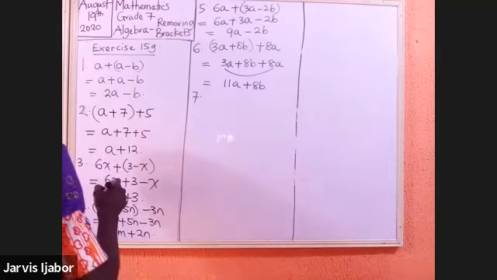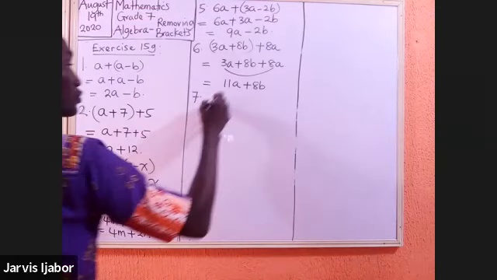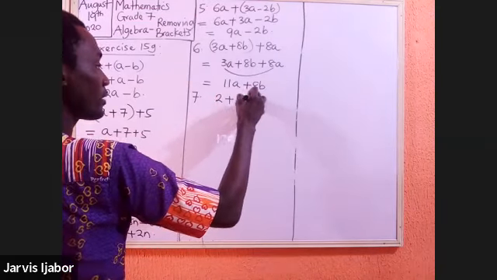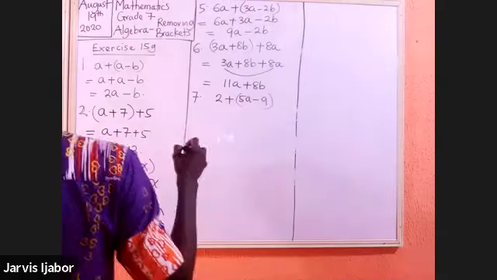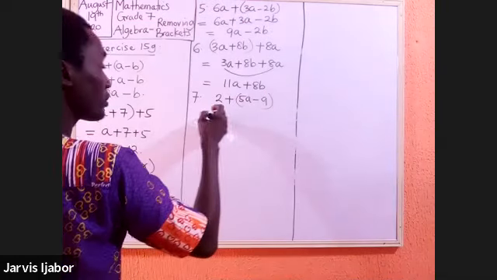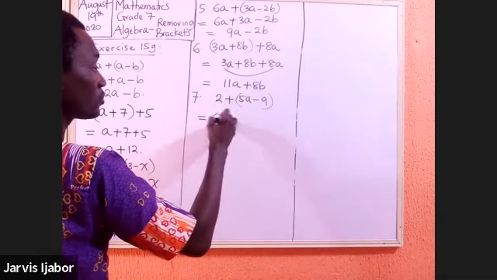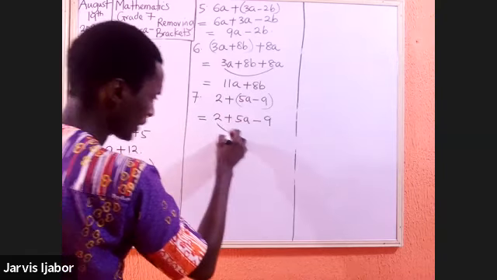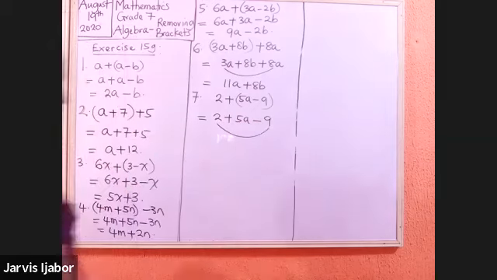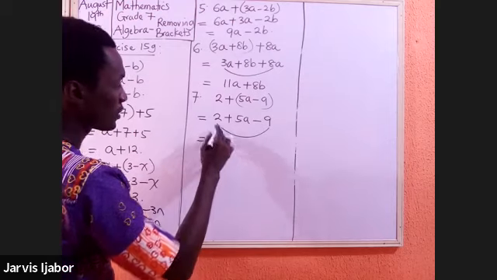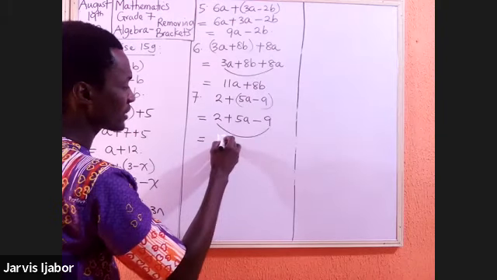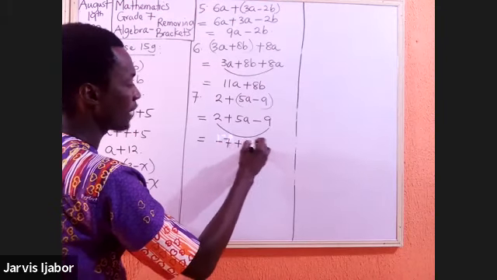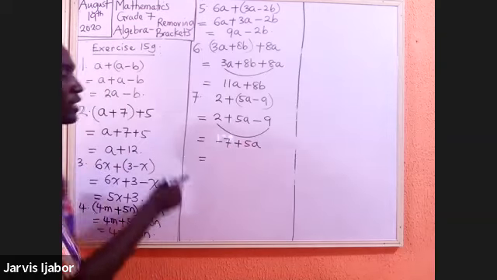Question 7. In question 7, we have 2 plus 5a minus 9. So what would this give you? This will give me 2 plus 5a minus 9. So let's look at this. Those are the two like terms you have. So that will be what? 2 minus 9 will give me negative 7 plus 5a. Here we have a fourth line.